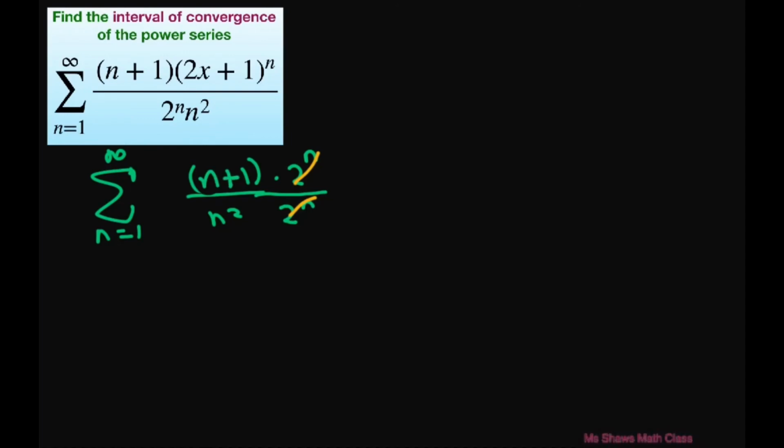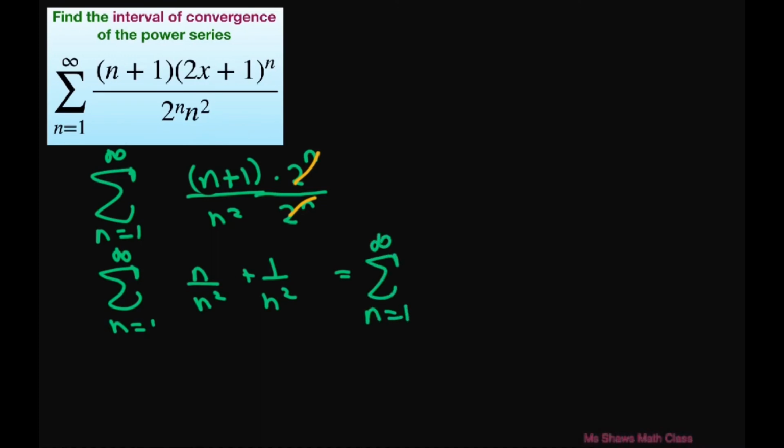All right, what's going to happen is we're going to get the sum from n equals 1 to infinity of n divided by n squared plus 1 divided by n squared. Now, this is going to equal the sum from n equals 1 to infinity of 1 divided by n plus the sum from n equals 1 to infinity of 1 divided by n squared.